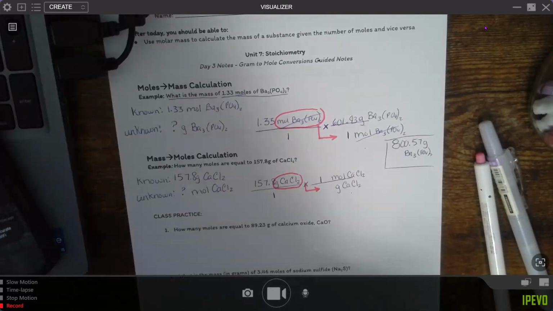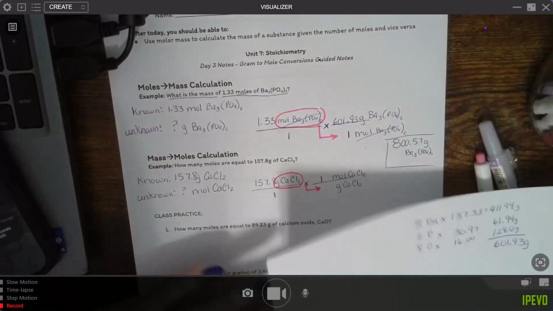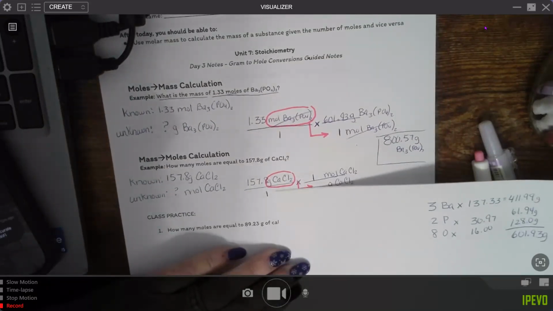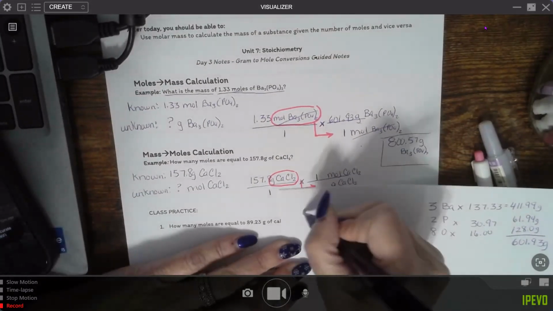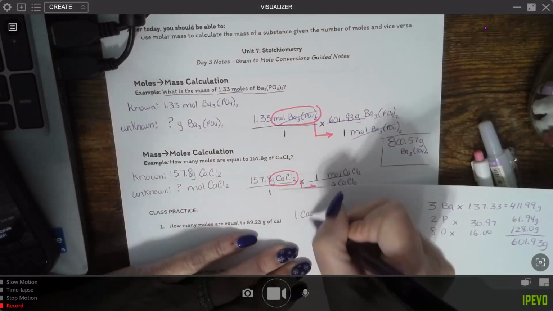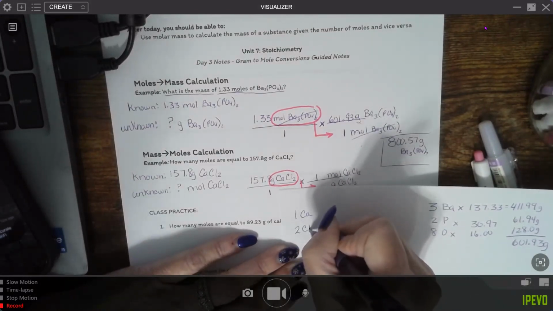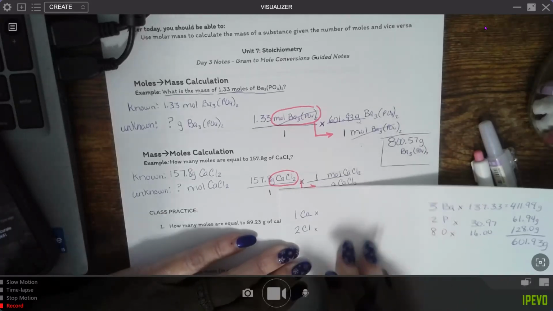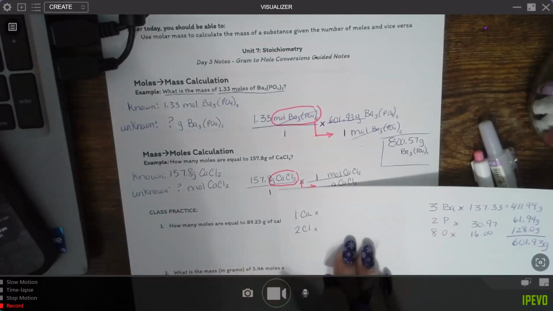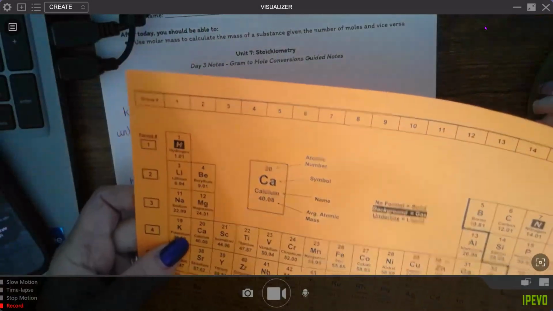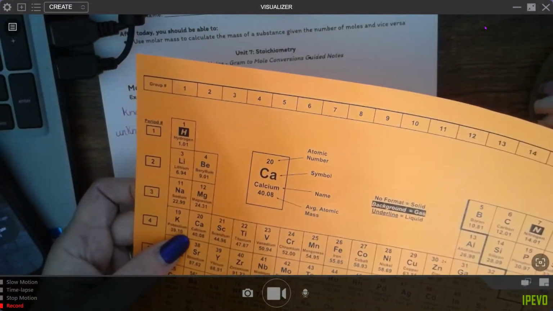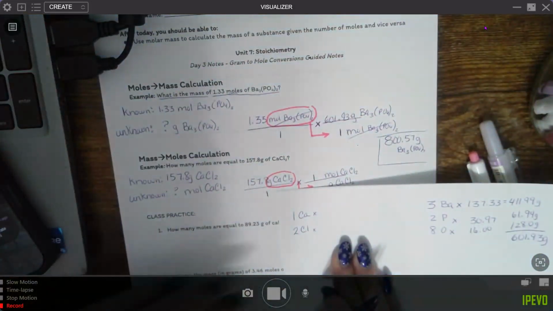All right, so let's figure out what the molar mass of calcium chloride is. We've got 1 calcium and 2 chlorine. If we look at our periodic table, calcium is right here with a molar mass of 40.08.